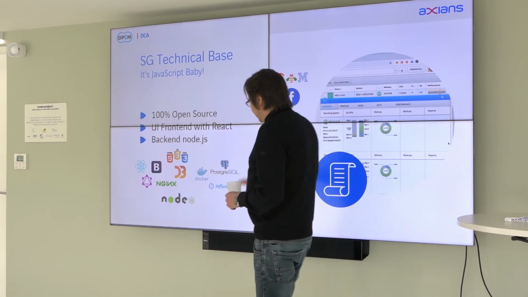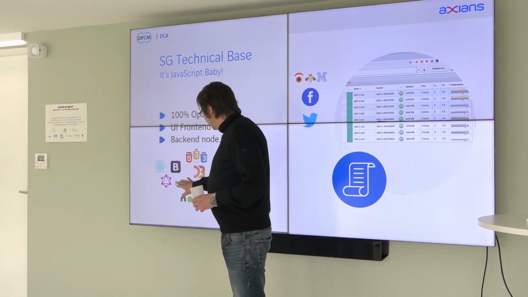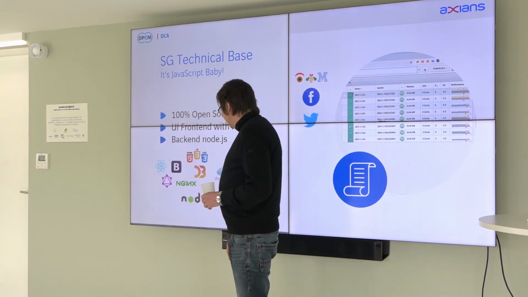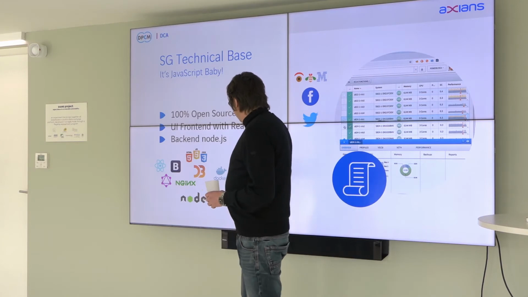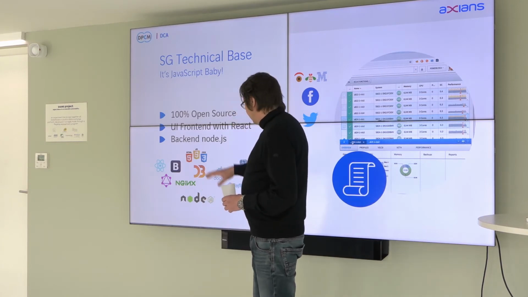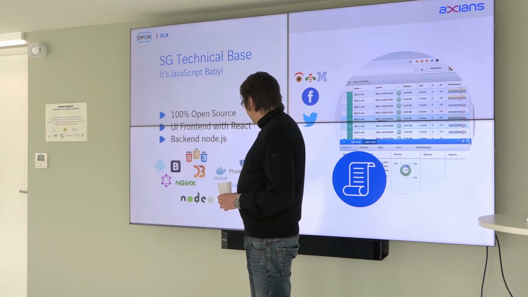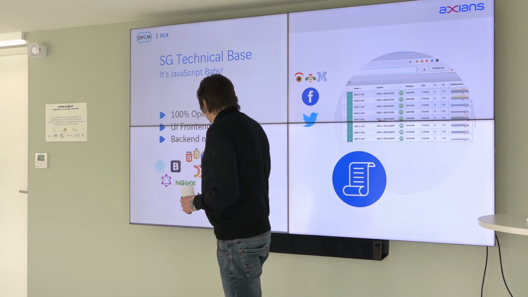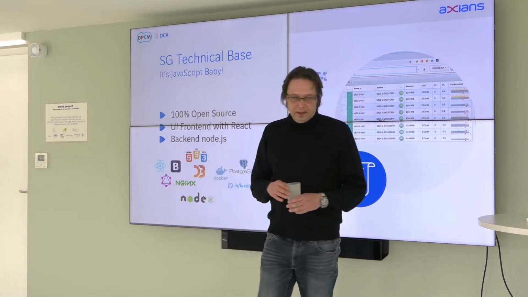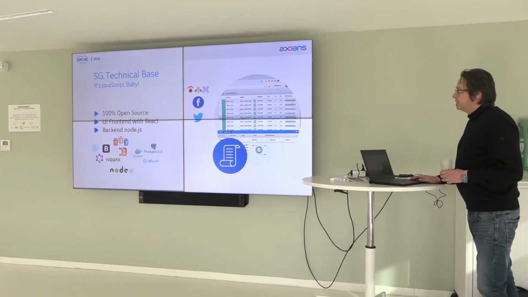We have a stack with Bootstrap, GraphQL, React, Nginx instead of Apache, Node.js as backend, and around this also open source software: Postgres for persistence, Influx to store performance data, and Docker for integrating all these parts, the system is built up.